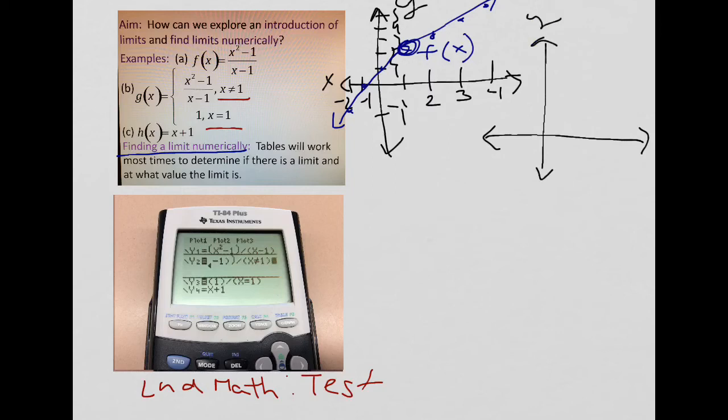So we have f of x here, here's y, and let me label. There's negative 1, 1, 2, 3, 4. Okay, so you should be doing the same thing in your notebooks.